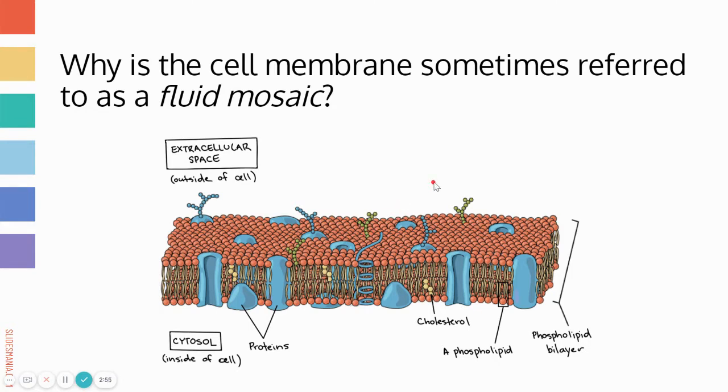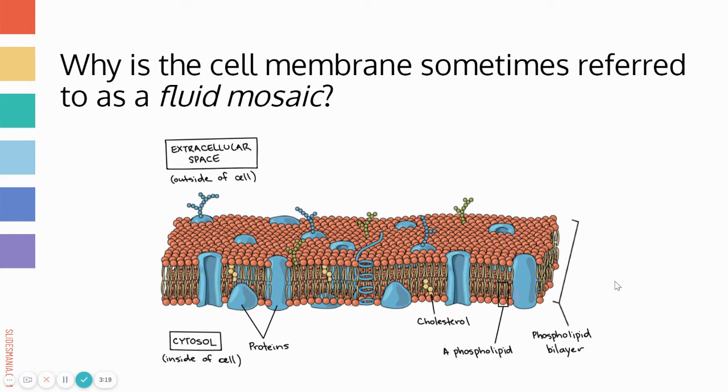It helps to identify the cell, to tell other cells what kind of cell it is. And then we've also got these cholesterol molecules that are studded inside of the hydrophobic tail portion of the membrane. So we've got all of these different kinds of molecules hanging out inside of the phospholipid bilayer, and these all refer to the mosaic part.